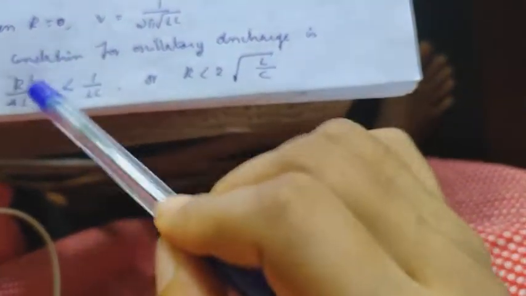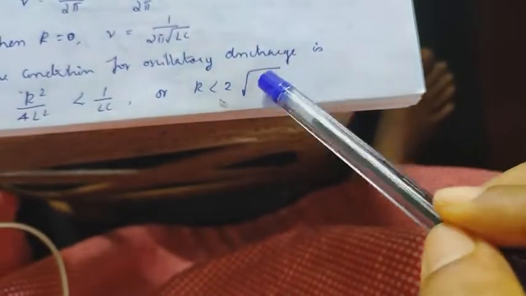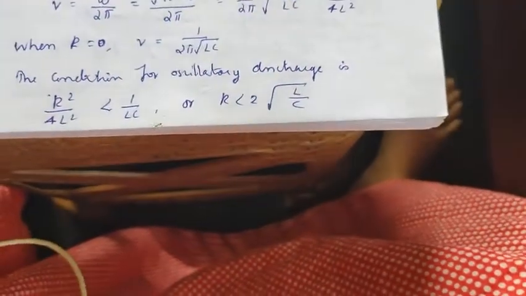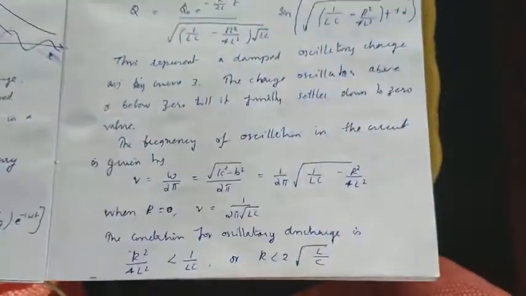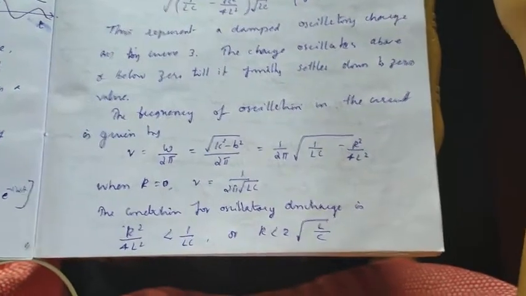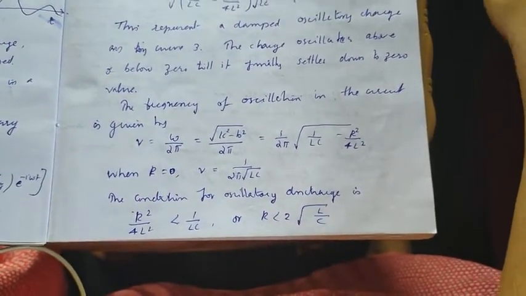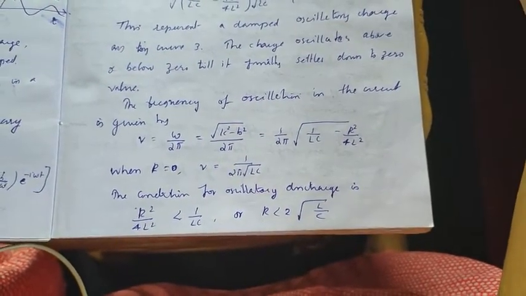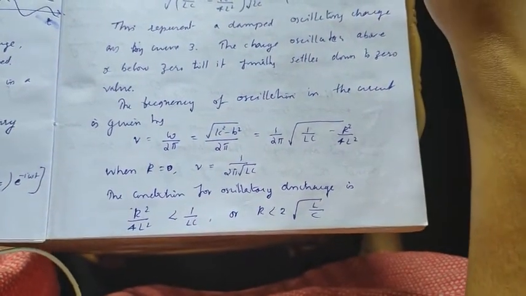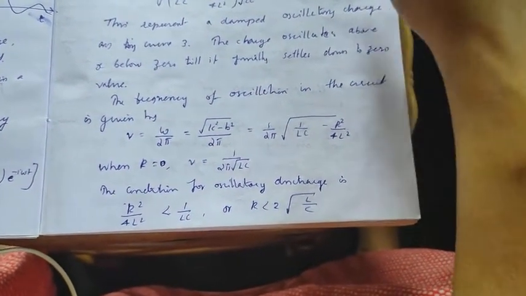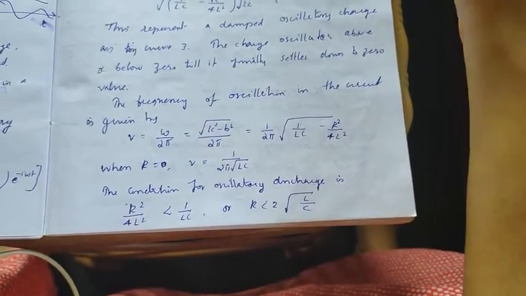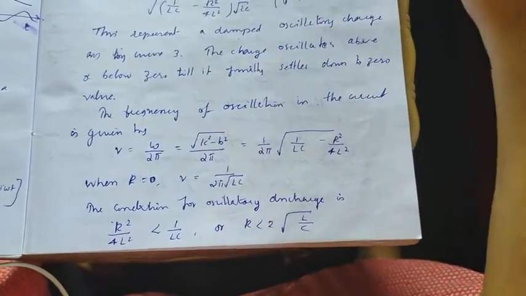This condition can also be written as r less than 2 square root of L by C. So this is all about the discharge of charge across a capacitor in a series LCR circuit. So we have discussed both the growth and decay of charge in an LCR circuit.